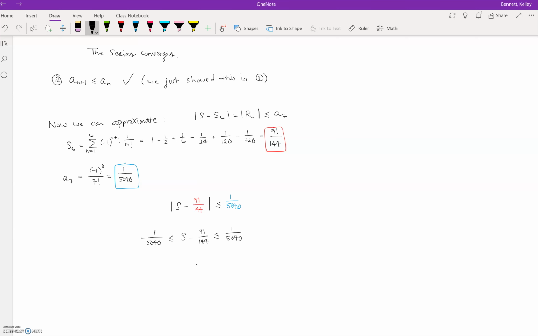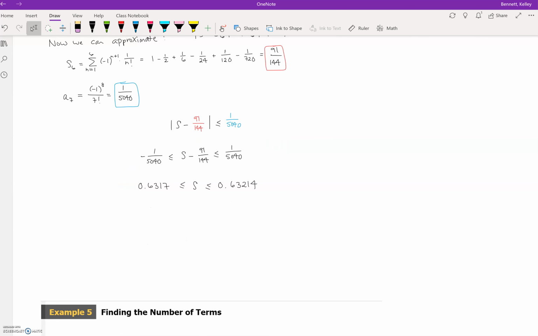Solving for S, if you did an approximation, you would end up with 0.6317 for your lower bound and 0.63214 for your upper bound, which is a nice tight interval that's going to give you a good approximation for S.